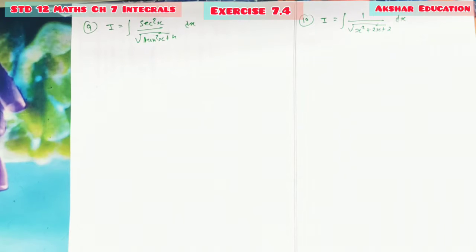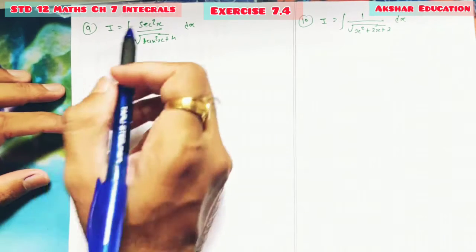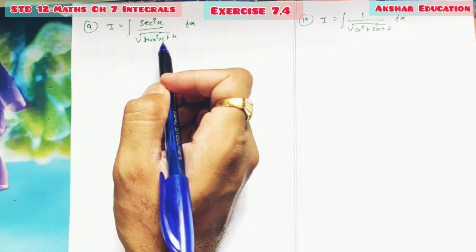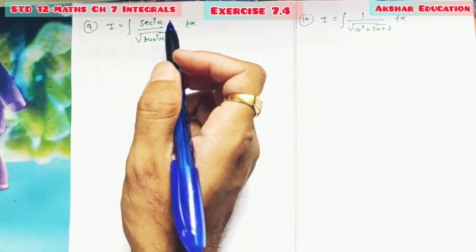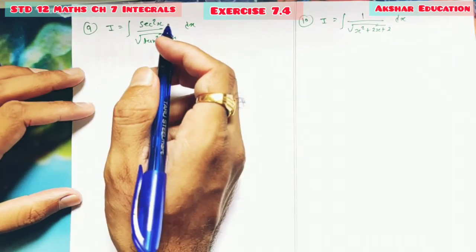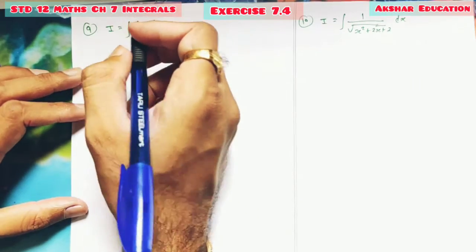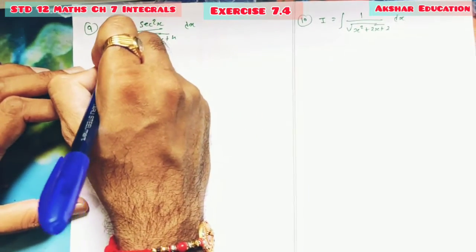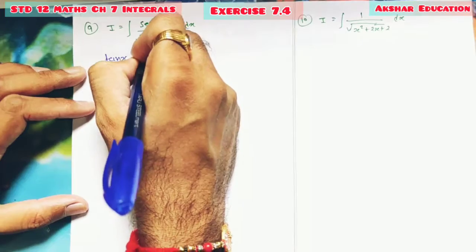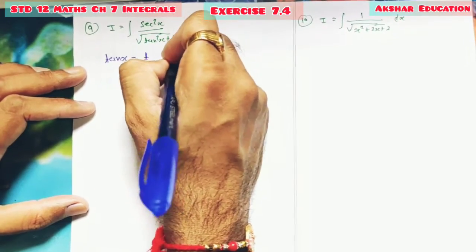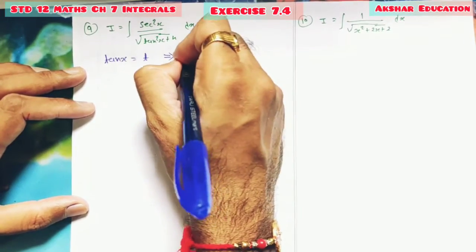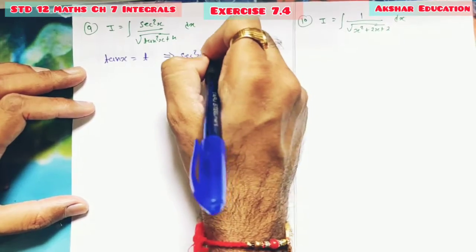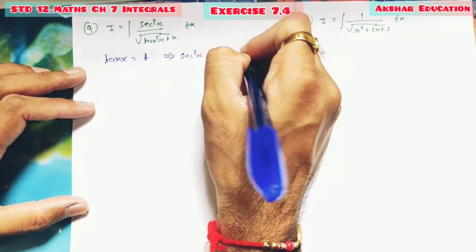Now in the denominator tan square x plus 4 is there, and to get the form of our particular formula, we are taking tan x equal to t. Let substitution tan x equal to t. Differentiate on both sides with respect to x. So we are getting sec square x dx equal to dt.